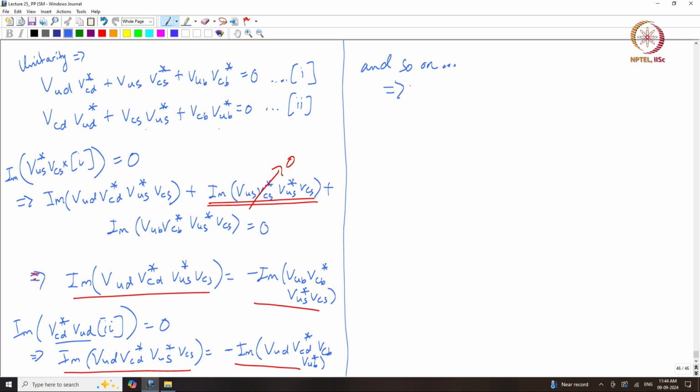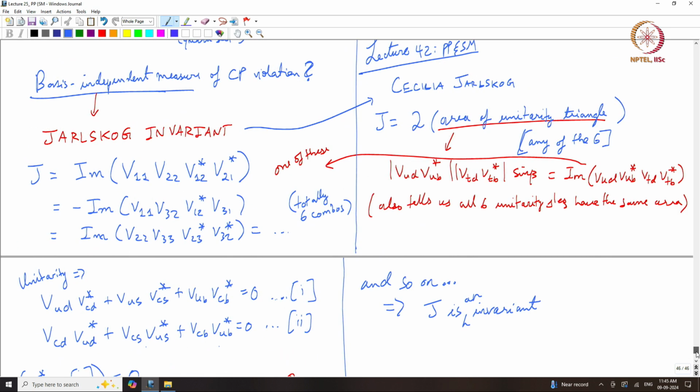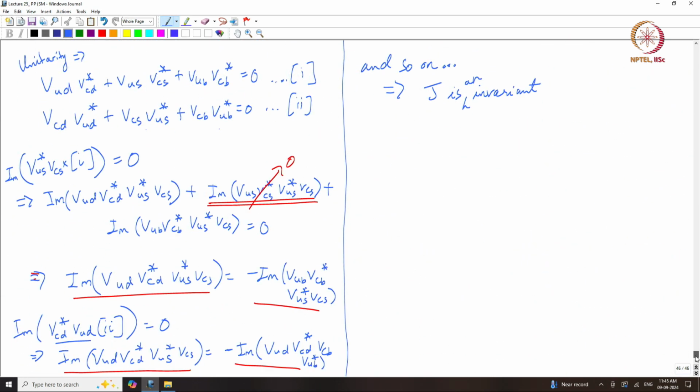So, this shows that J is invariant, or rather J is an invariant. Good. Are we happy now?